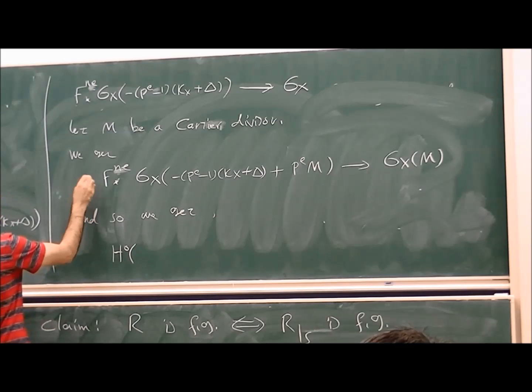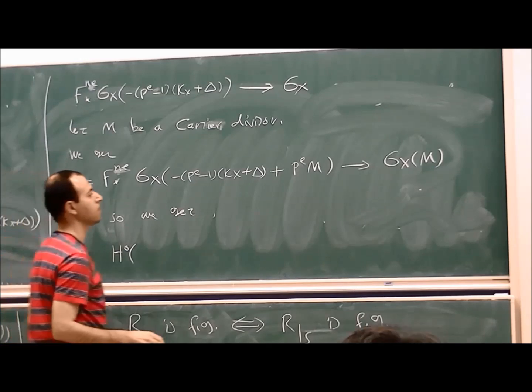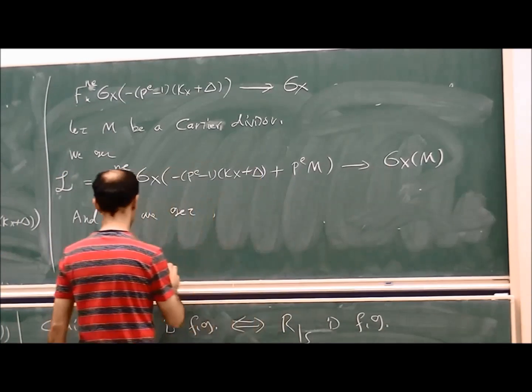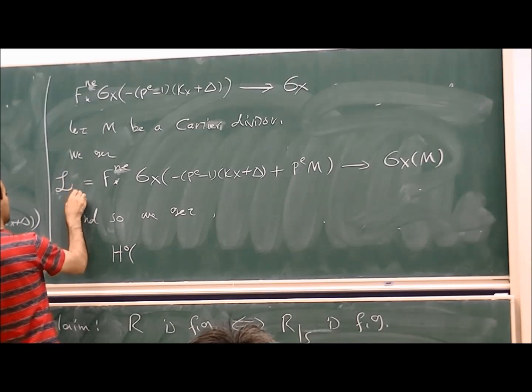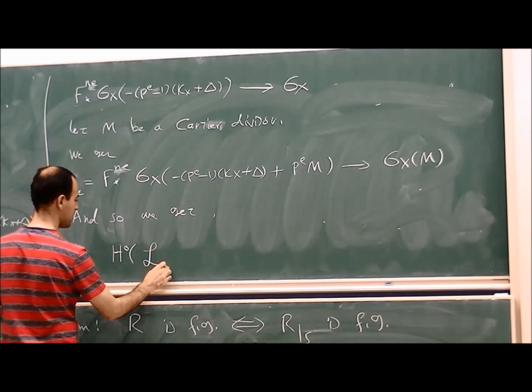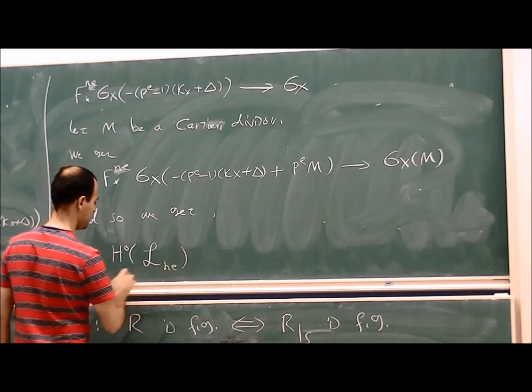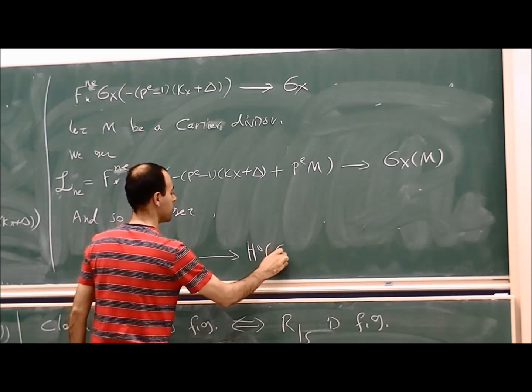So let's, just for simplicity, call this L. So I have from H^0 a map, from this sheaf L and e, I have a map.